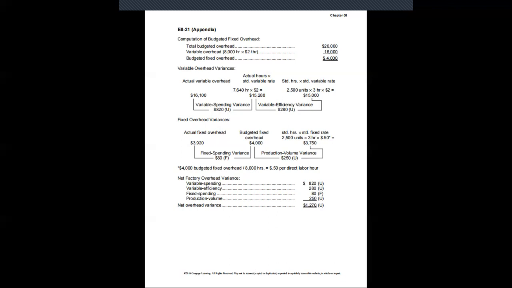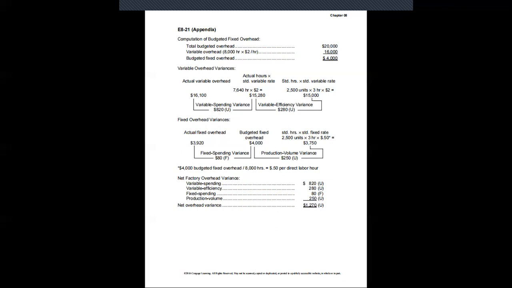Again, it's unfavorable because the actual variable overhead exceeds the actual hours times the standard variable rate. So we have the variable spending variance, 820.